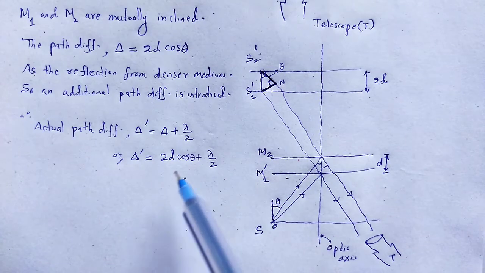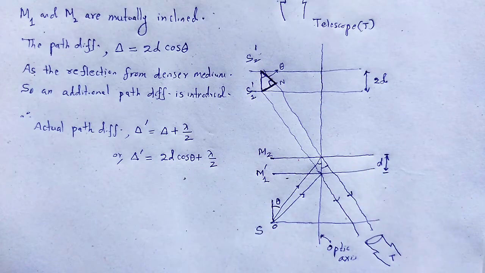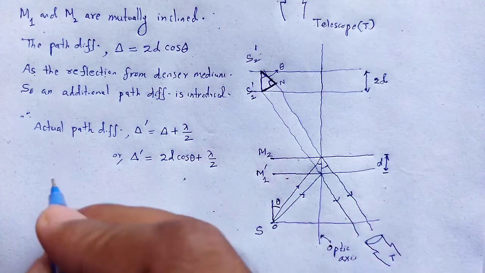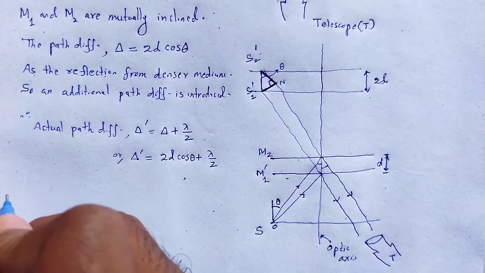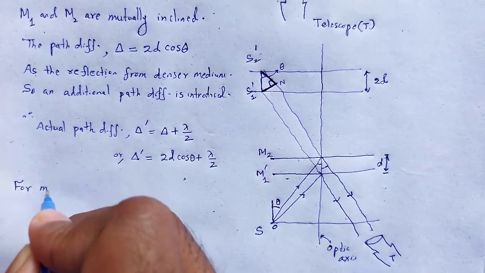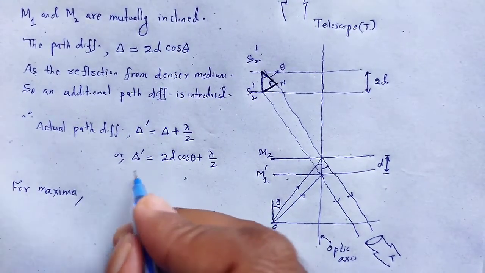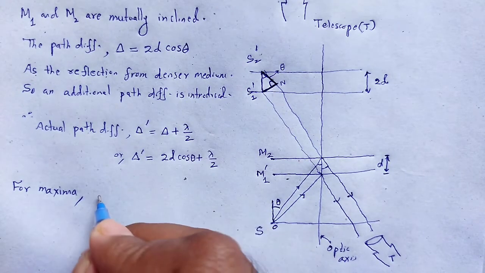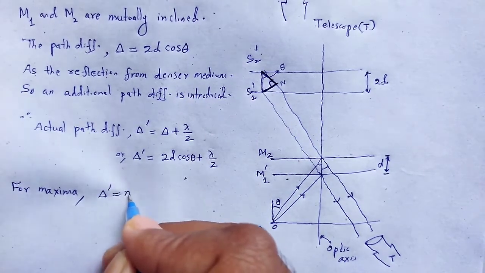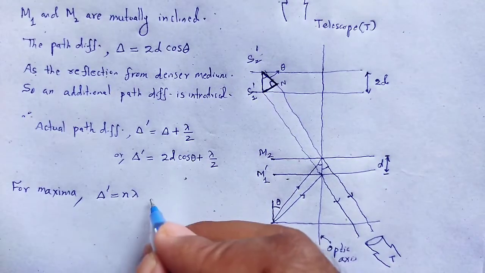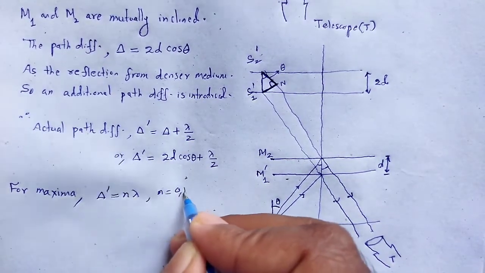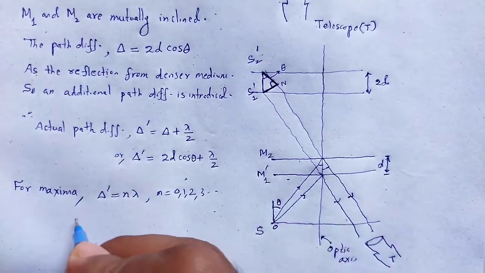Now we use the concept of maximum interference and minimum interference: maxima or minima, constructive or destructive interference, or bright fringe or dark fringe, whatever we name it. For maxima, the path difference is an integral multiple of lambda, where n is 0, 1, 2, 3 like this.